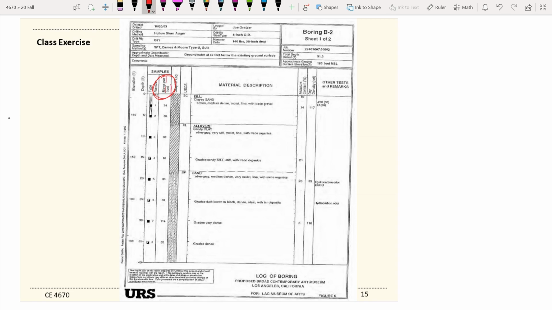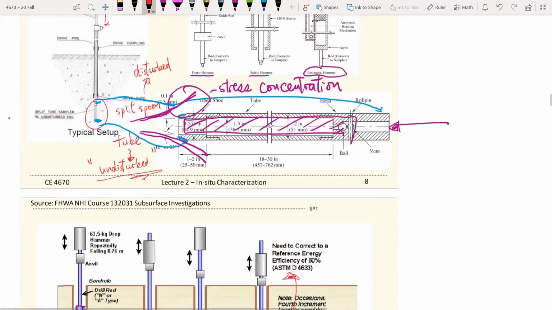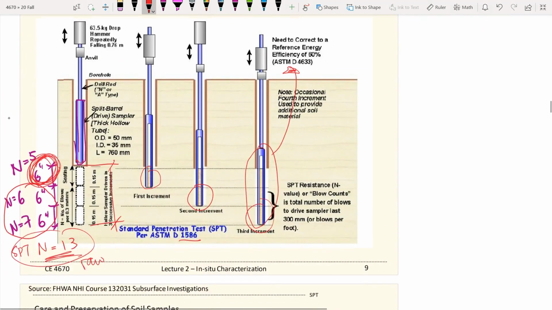So from here, I know that this has already taken out the first 6-inch increment. Remember when we talked about how to record the SPT-N values, we only consider the last two 6-inch intervals, which is 1 foot.